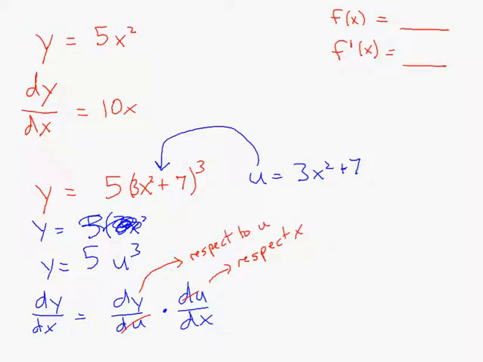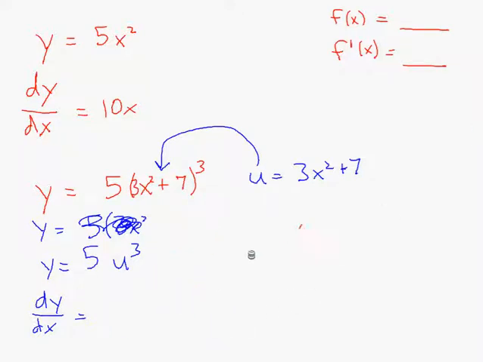So that's 15 times 3x squared plus 7 times 6x. I can do the 15 times 6. That is, what is that? 90? So 90x times 3x squared plus 7. We could expand that if we wanted. That's dy dx. 270x cubed plus 630x.